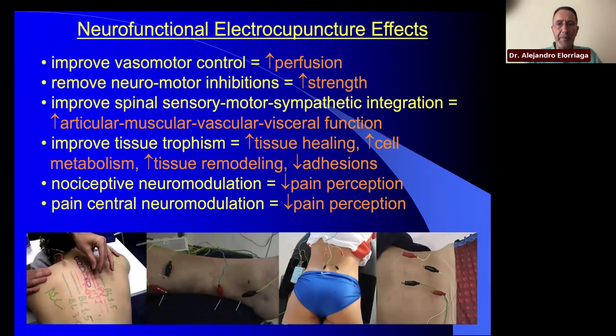So this, to me, is the most important of all the slides that I presented, because that is the summary of what can be accomplished with the needles.